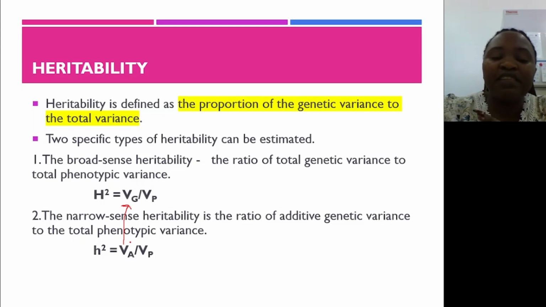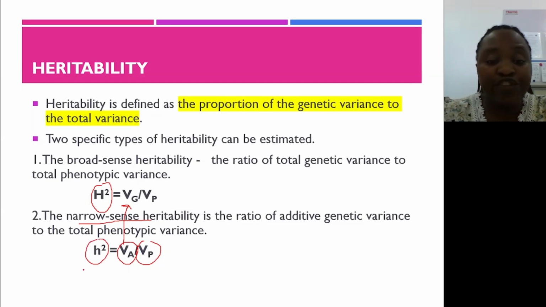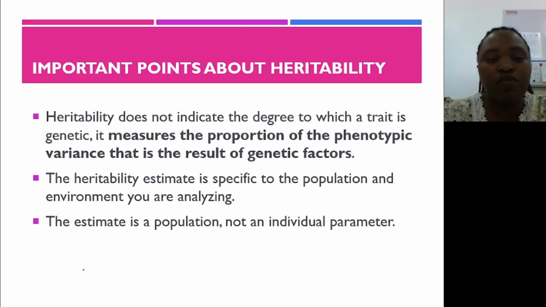That makes it narrower, because we are only looking at the additive against the total phenotypic variance. So we have the two, broad sense and narrow sense. Broad sense is given by capital H to power 2. The narrow sense is given by small h to power 2.